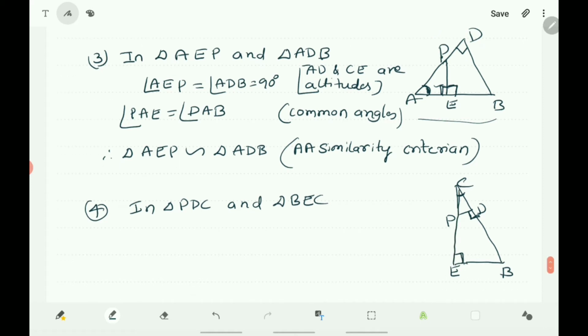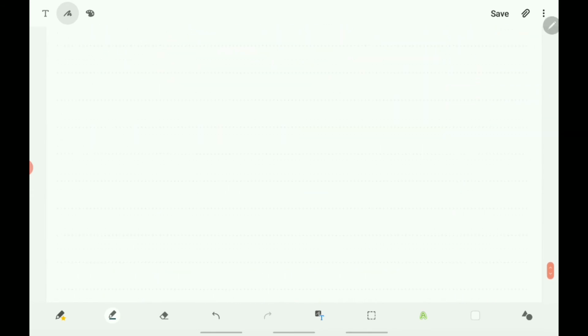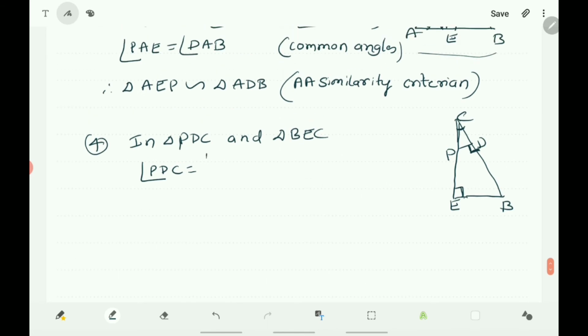And you know that again there is a 90-degree angle in triangle PDC. Angle PDC is equal to 90 degrees, and also angle CEB is 90 degrees.